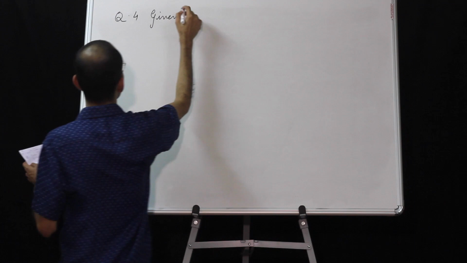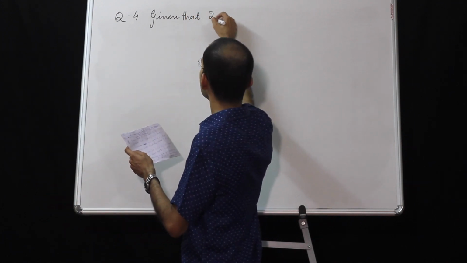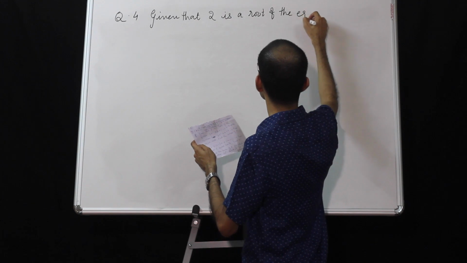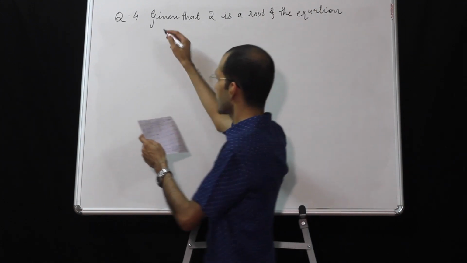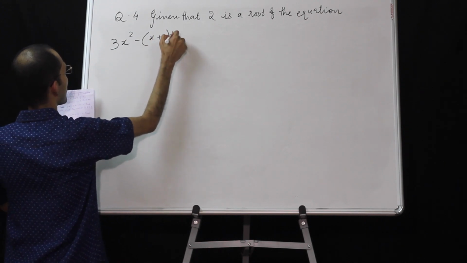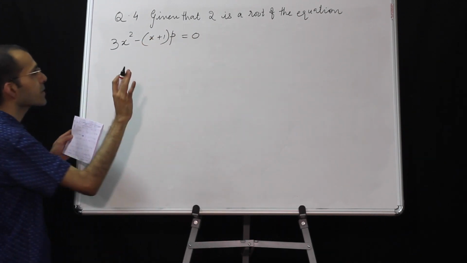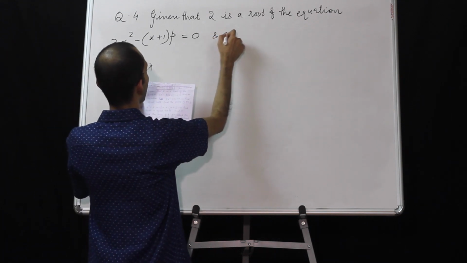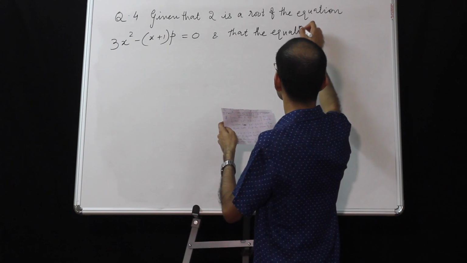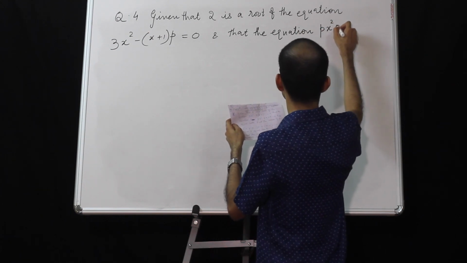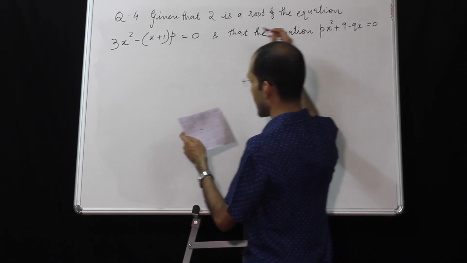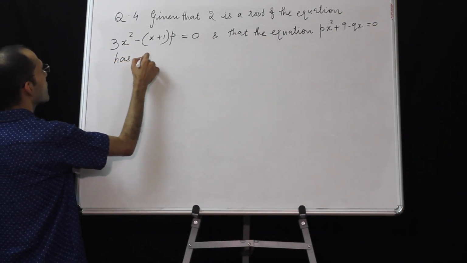Given that 2 is a root of the equation 3x square minus x plus 1 into p equaling 0, and that the equation px square plus 9 minus qx equaling 0 has equal roots.